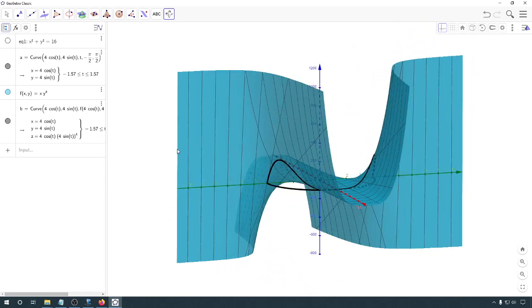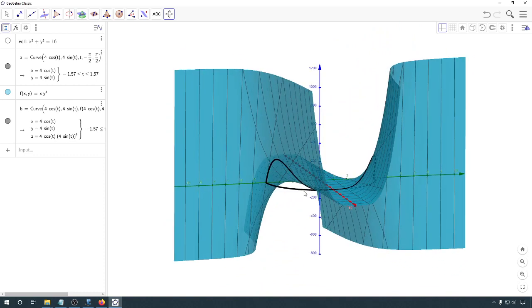And what our integral has actually done for us is it's considered this whole thing, everything between the curve on the surface and the curve in the xy plane, and kind of found the area of this piece.